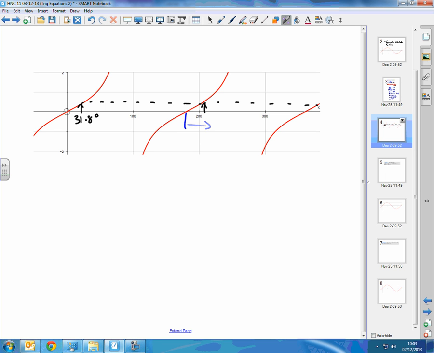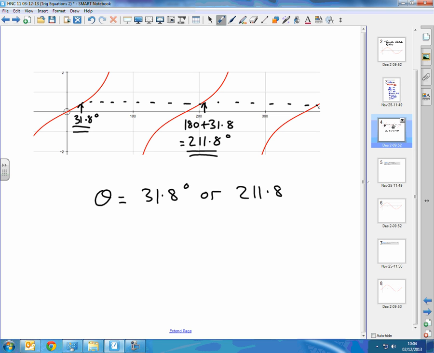So it's 180 plus 31.8, which is 211.8 degrees. So we have two solutions for this particular equation. So for the original equation, theta equals 31.8 degrees or 211.8 degrees.